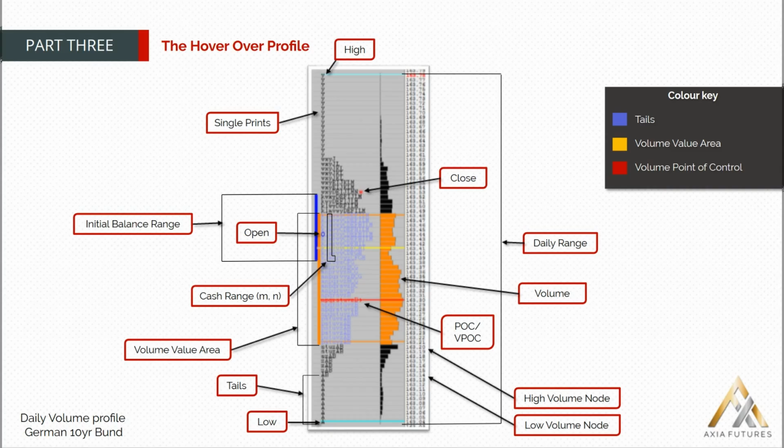The volume point of control is extremely similar. The major difference is that instead of being the price with the most letters, it's the price with the most volume transacted. We will discuss the difference between the two later on, and I will give you some understanding as to why nowadays most traders focus more on the volume point of control instead of just the traditional point of control.